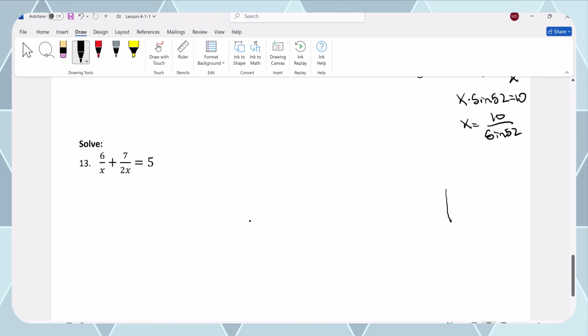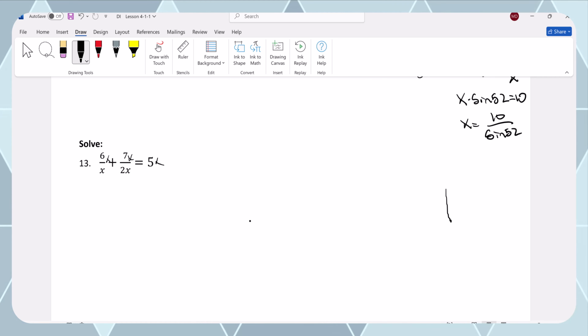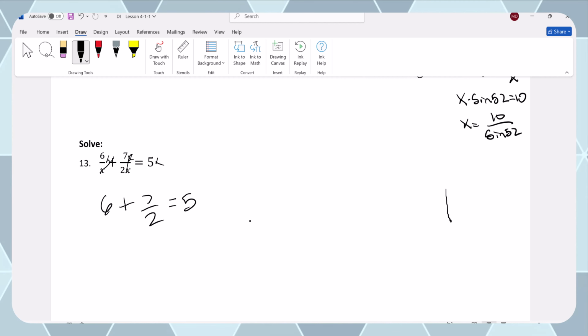Last, solving this rational equation. Whatever's in the denominator, remember you can get rid of it by multiplying. So I can multiply everything by x. So that cancels out, so I get 6 plus 7 over 2 equals 5x.